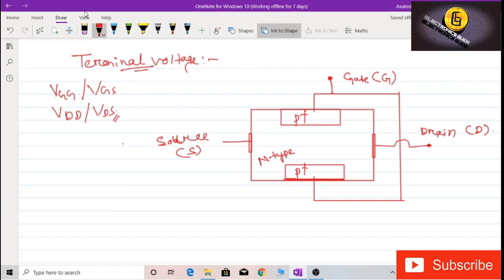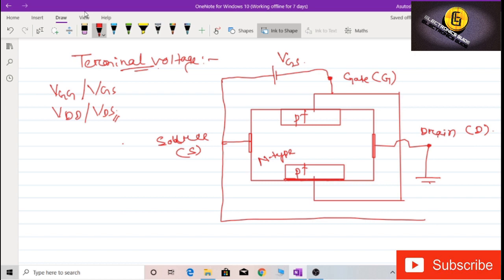VGG or VGS is applied between gate and source terminal, and for an N channel JFET the VGS or VGG is always negative. The VDS will be applied between drain and source, and for an N channel JFET this must be positive.